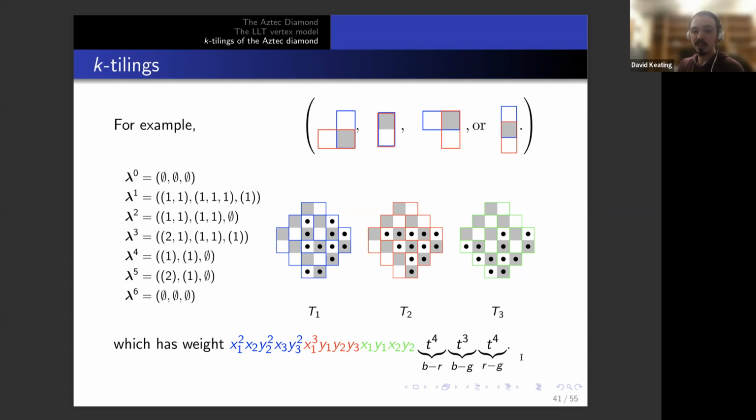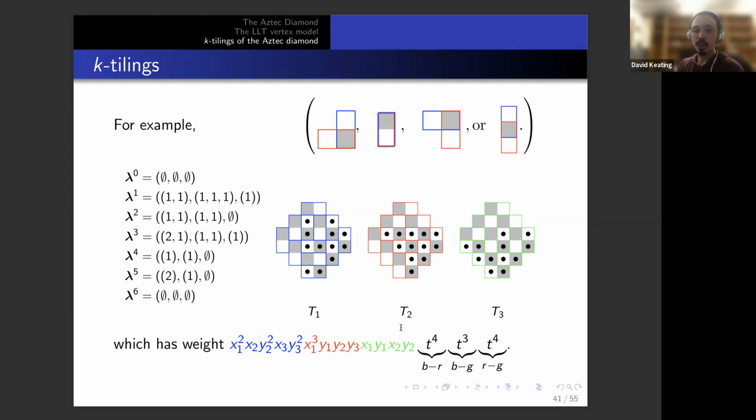And now we have these interaction weights. So for example, if we look at this red domino, it's vertical with white on bottom and black on top. And it overlaps with this blue domino, which is vertical with white on bottom and red on top. So that gives us this case. So we get a factor of t from that.